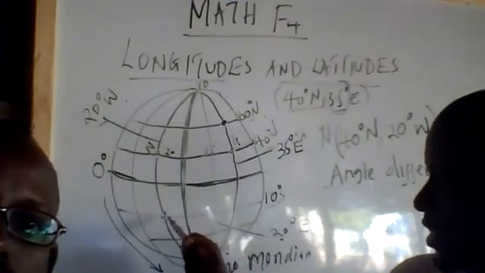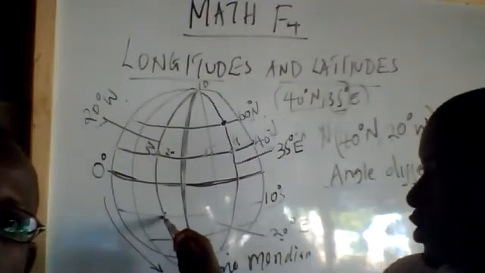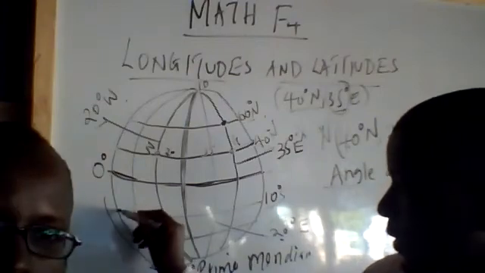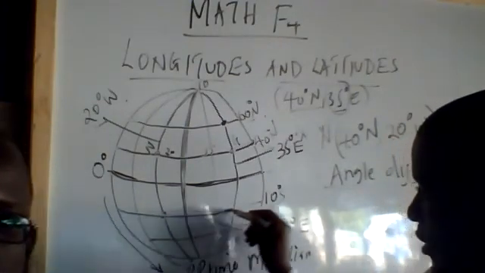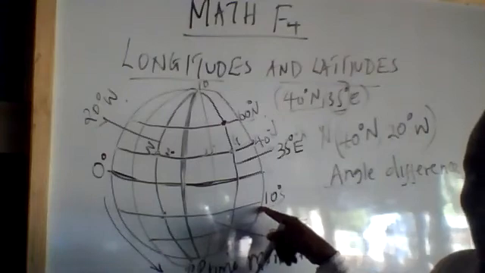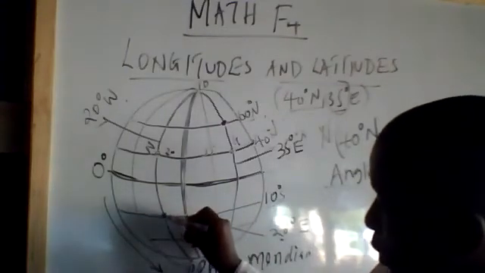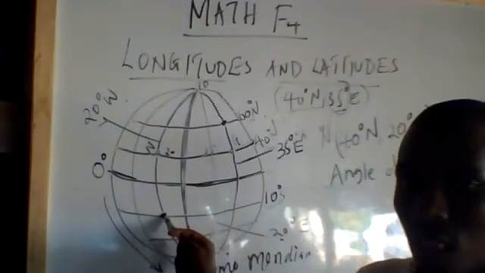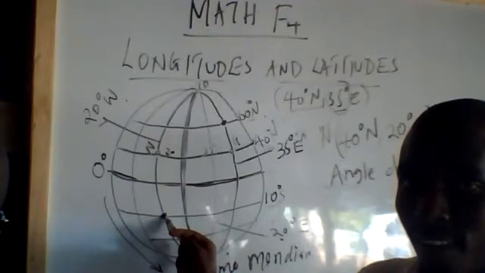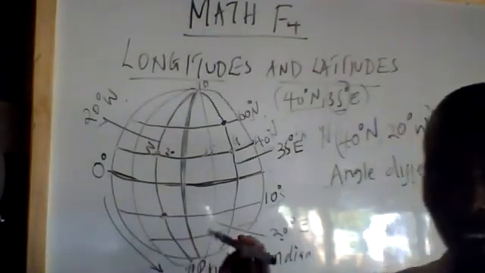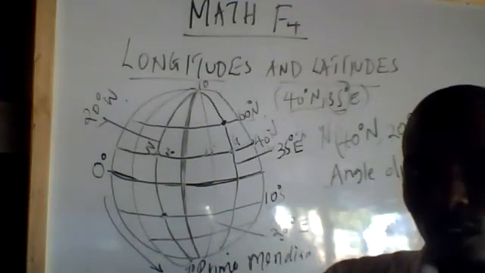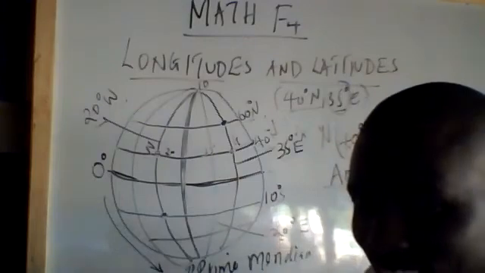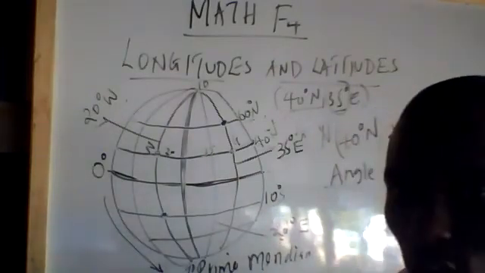It is here. This particular point here, there's a line which is passing through this. And this particular line, I have got the dimension at this particular end. Now, what is the point that is here? Which point is this? 10 degrees south.